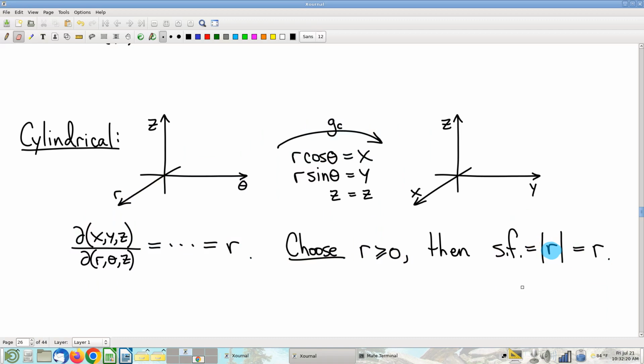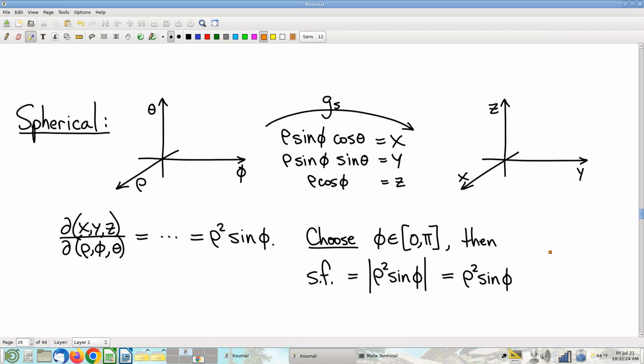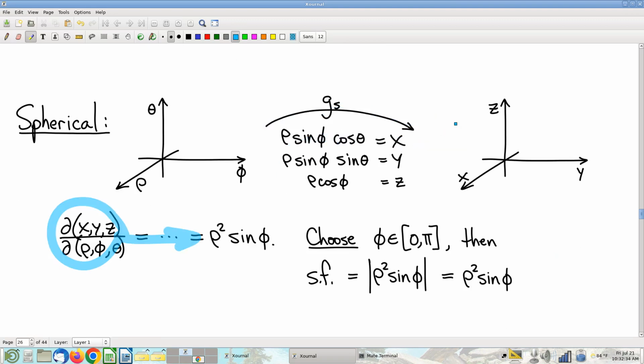Spherical coordinates. Oh my gosh, same deal. It's probably going to be exactly the same, but it's not. Now, we do, again, have our conversion formulas that we view as a function for which we can compute the Jacobian determinant. It's just that, look, it ended up being pretty different here now. Now it's not r. And another common misunderstanding, a lot of students think that rho is just kind of the spherical version of r.